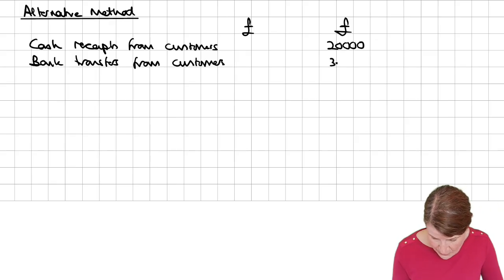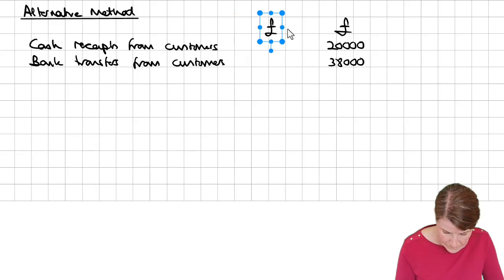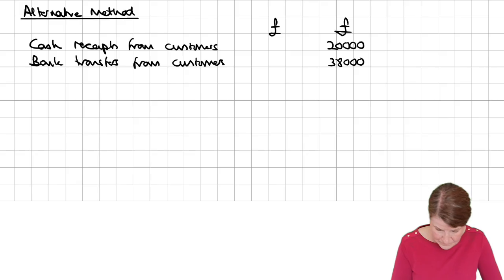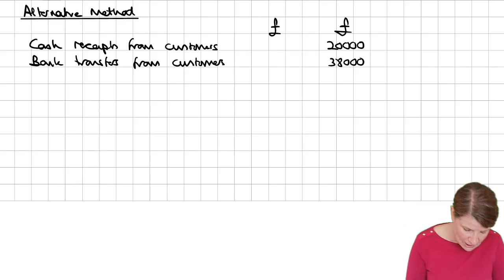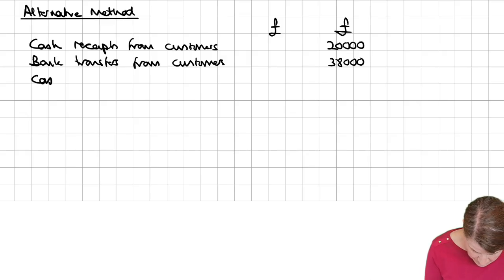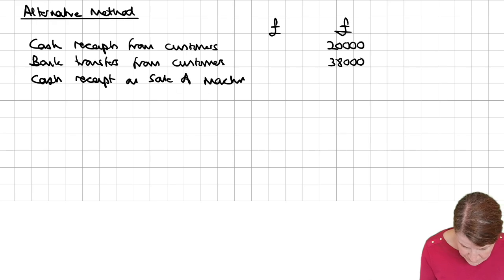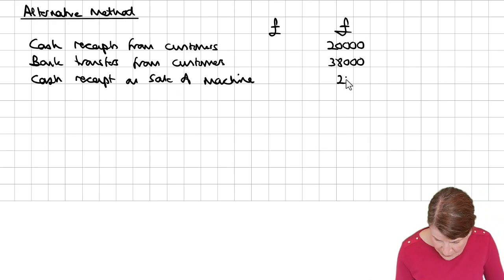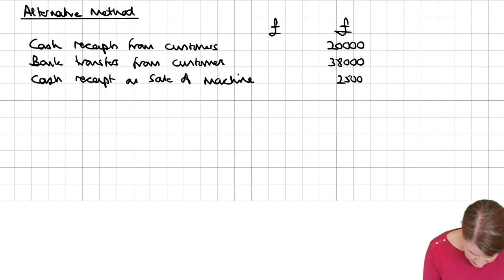And that's £38,000. So trading receipt. We've got the cash receipt from the sale of the machine. Absolutely fine under the cash basis. And we've got interest received on a bank account.